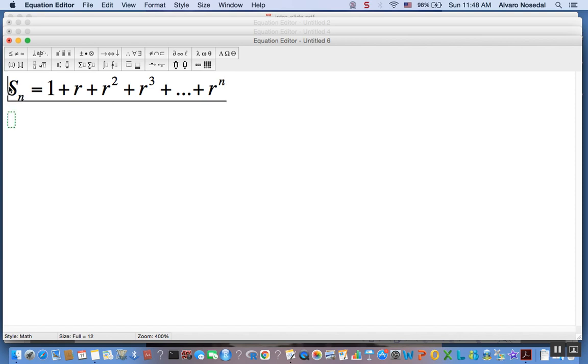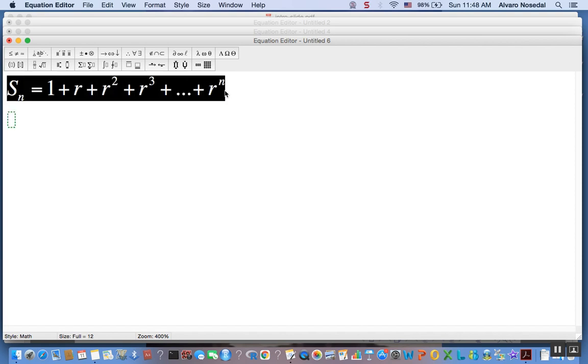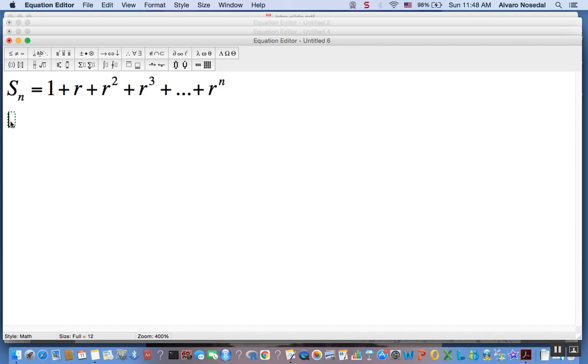So what you do is now you multiply both sides by r. Then what you have is r squared, r cube, r to the 4th, and so on, right? And then r to the power n plus 1.